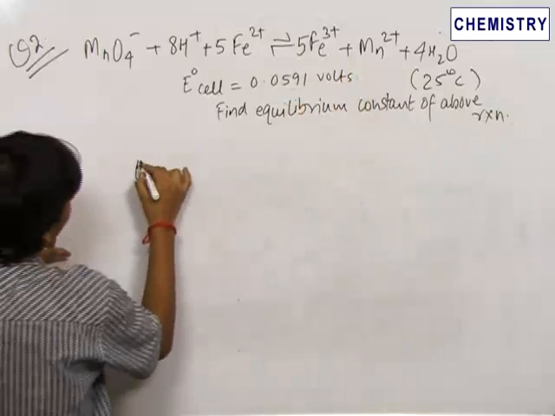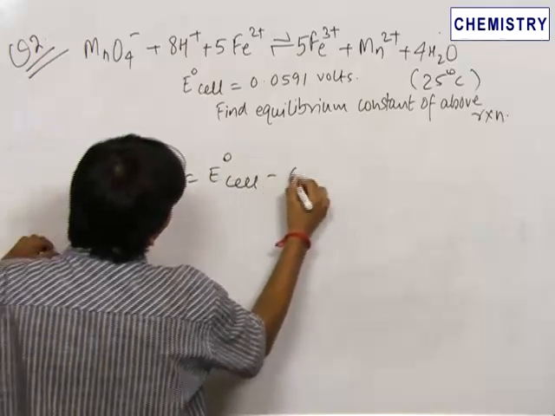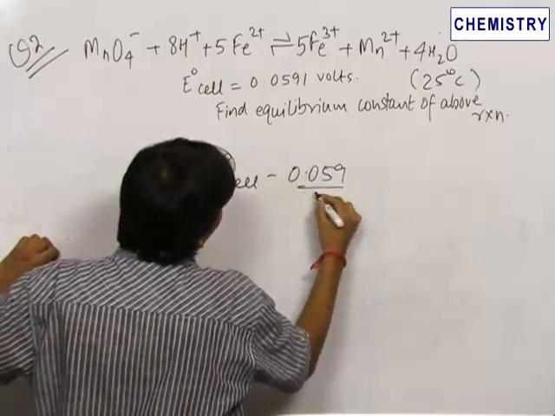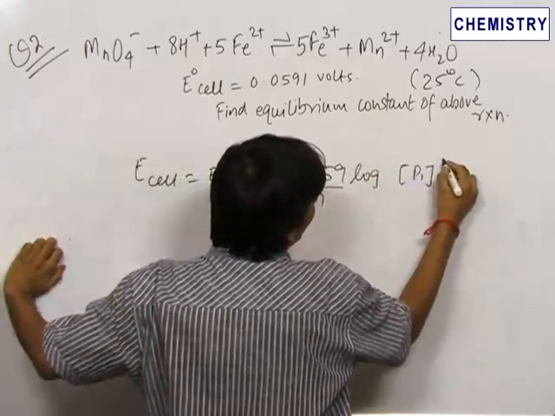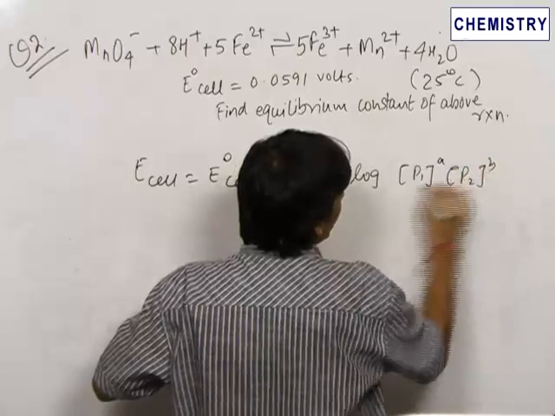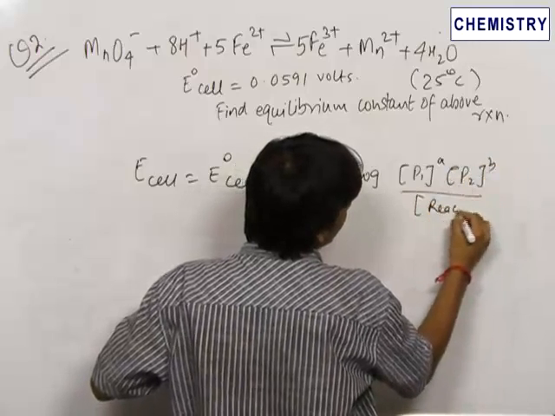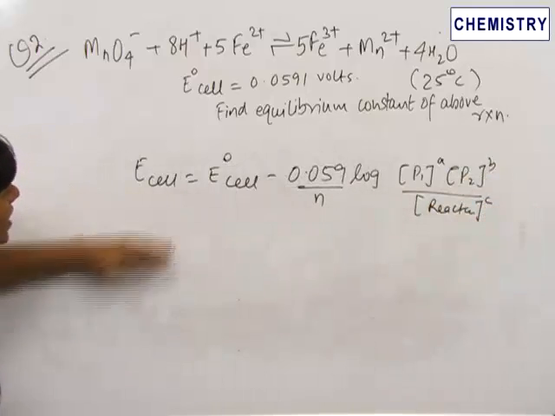So we know that for any reaction, E cell is equal to E naught cell minus 0.059 upon n into log of product 1 to the power coefficient of product 1, that is A, and so on, upon the reactants. Now what happens at equilibrium?